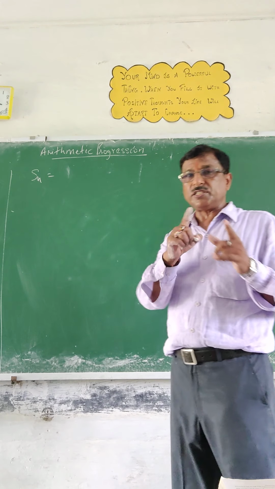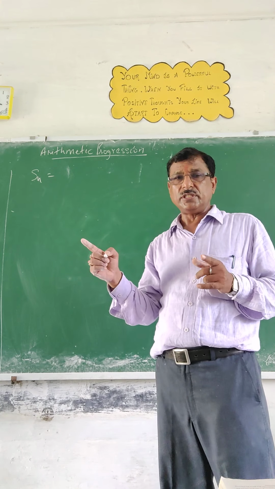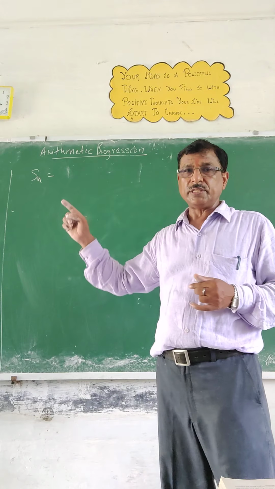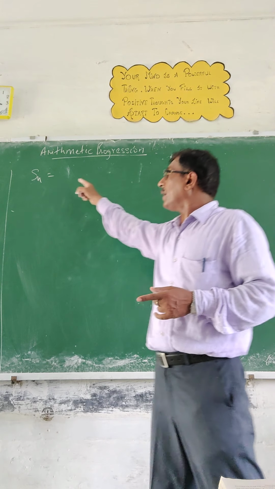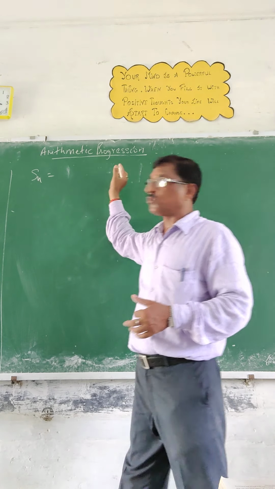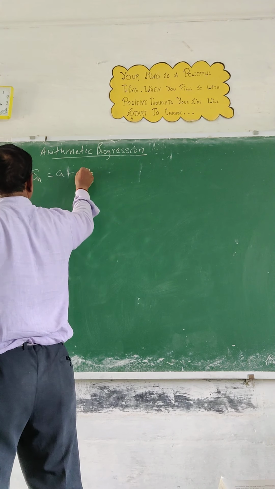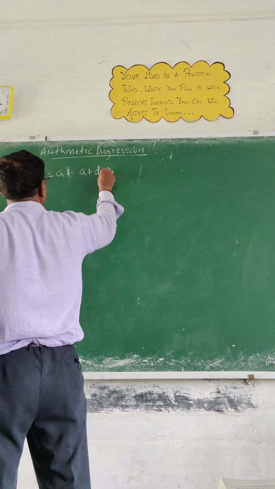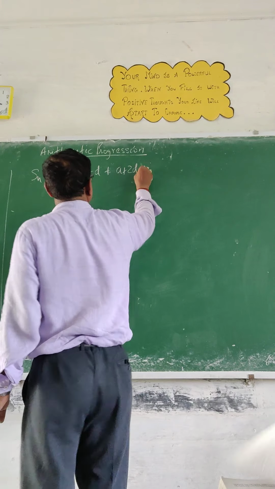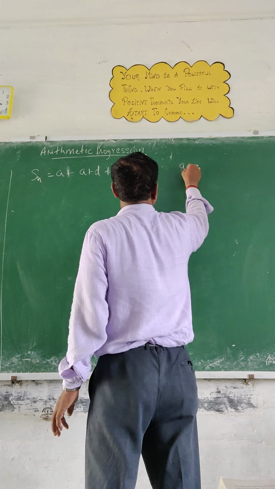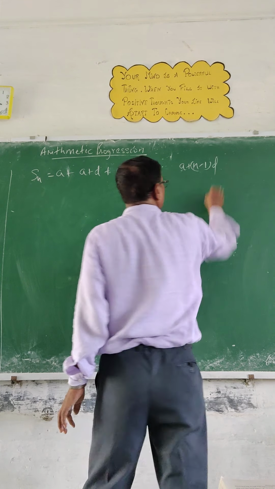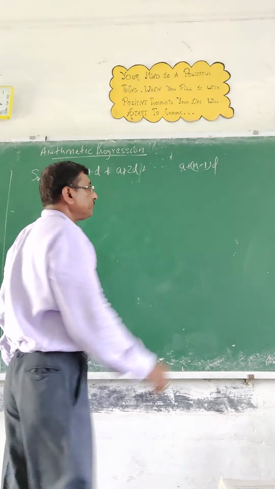So first you write this whole AP sequence, that is, progression, in addition form. We are going to add all the terms. So what will we get, children? a plus d, a plus 2d, up to a plus (n minus 1)d. Can you see, children?